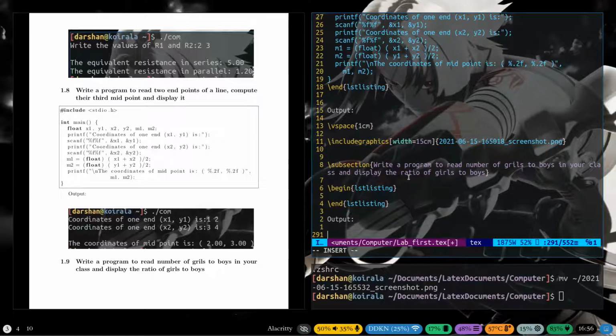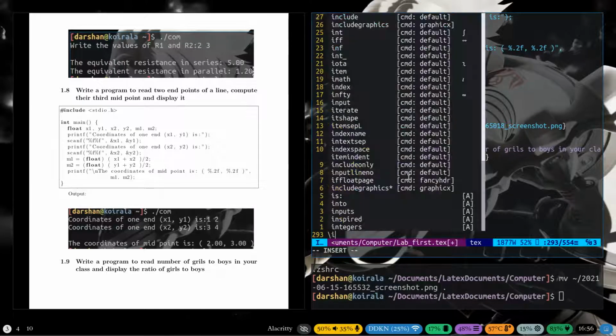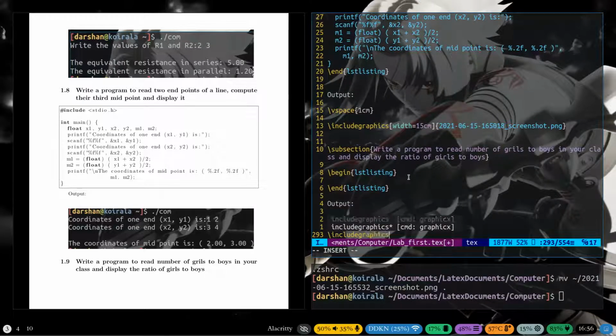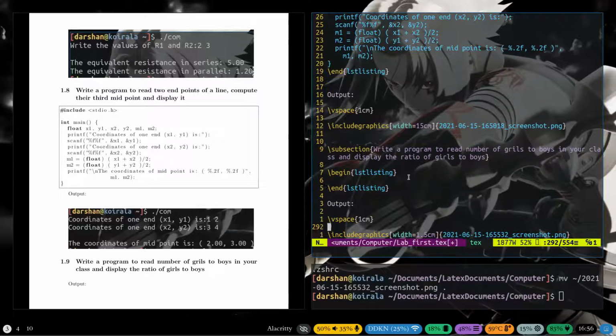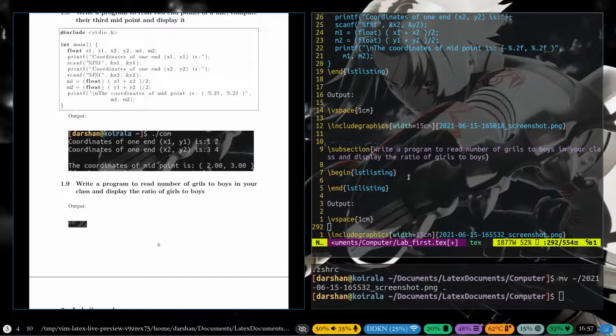Yeah, v space of 1 centimeter, and include graphics. Right, width 15 centimeter. It is the last one. Okay. 1.5. Shit, man. 1.5. That is comedy.